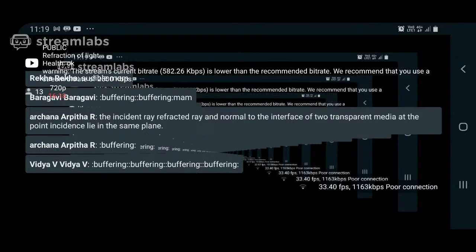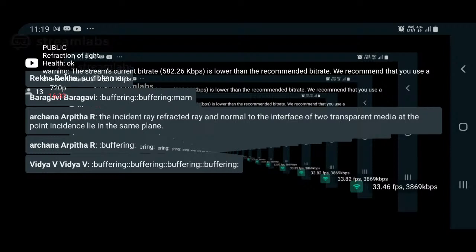Okay, I'll explain now. When the ray passes from air medium to the glass medium, now remember, air medium is lighter and glass medium is denser. So, when you draw a straight line between the incident ray and the refracted ray, you will get a normal line.